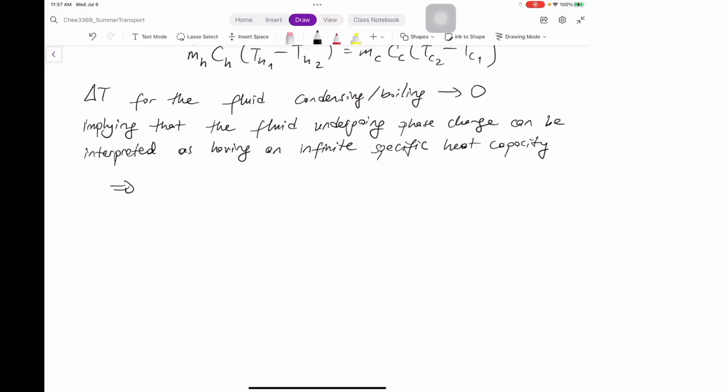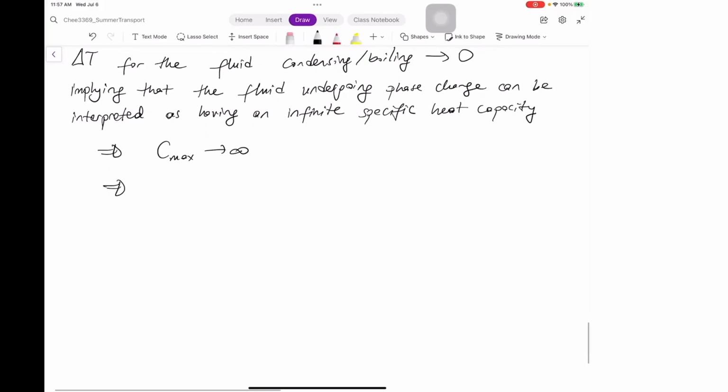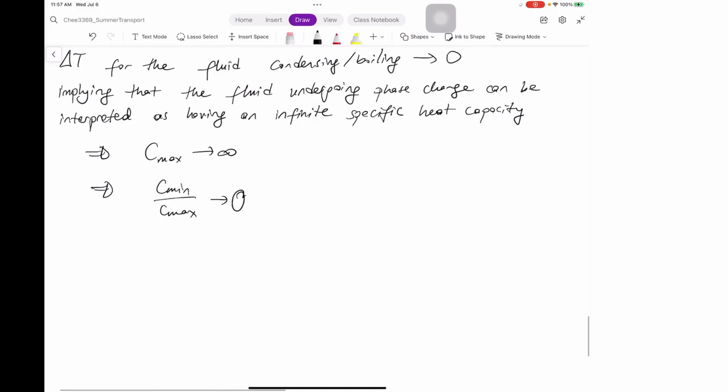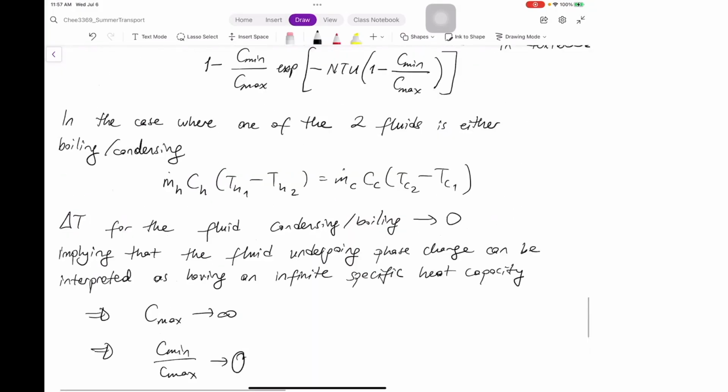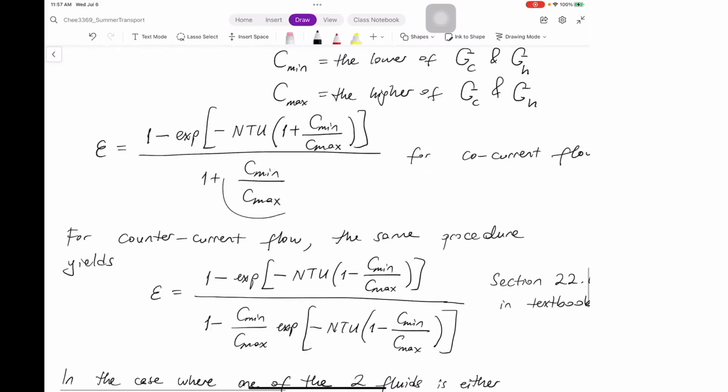So, which means that the C_max goes to infinity, and C_min over C_max goes to 0. How does the equation simplify in this case? If you have a look at this, so this goes to 0, this goes to 0.